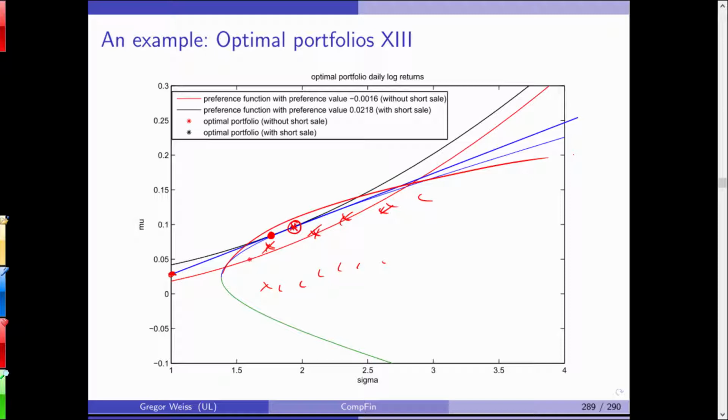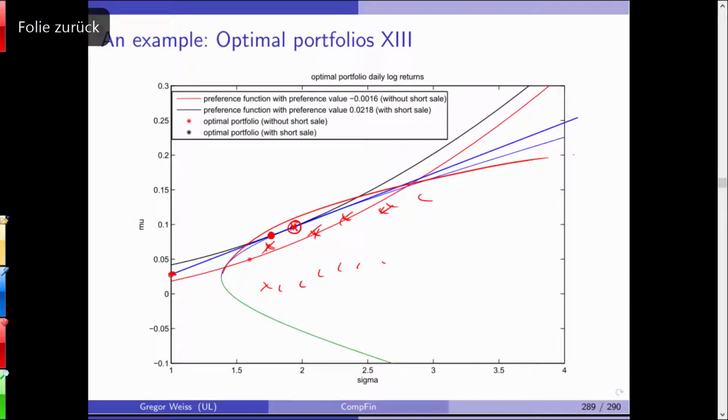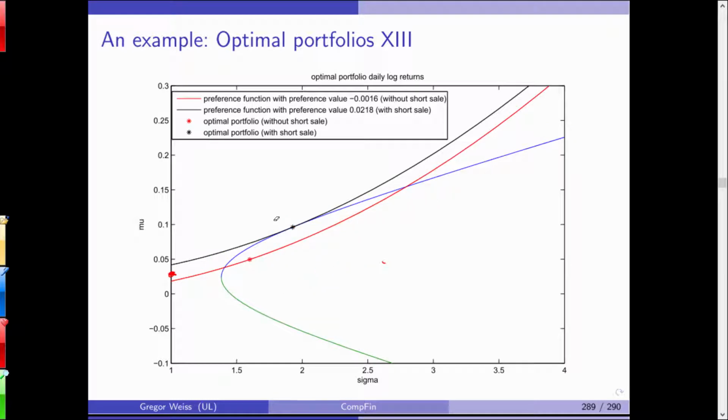And this is quite interesting because during the financial crisis, the SEC actually banned short selling on financial stocks. And later on, researchers found that it only deteriorated market liquidity, but it did not have a beneficial effect on investors. So this is quite interesting, and you can simply see this here because, as you can see, by banning short selling, you simply move to a lower indifference curve, and suddenly utility is decreased.